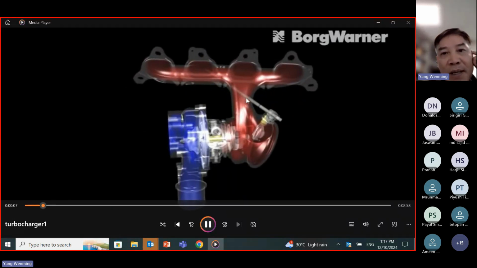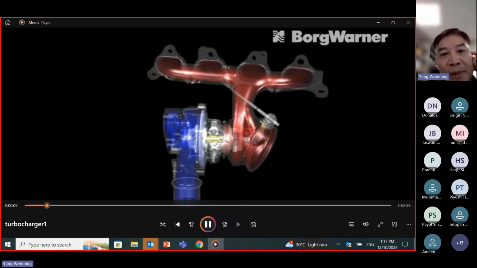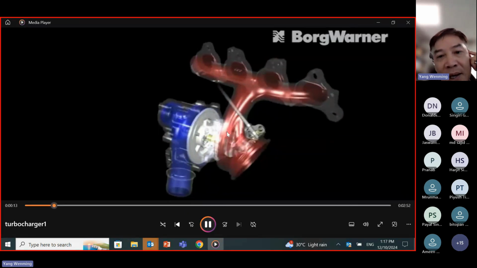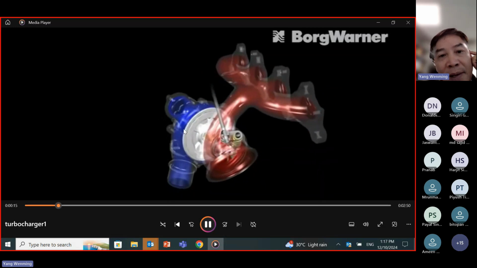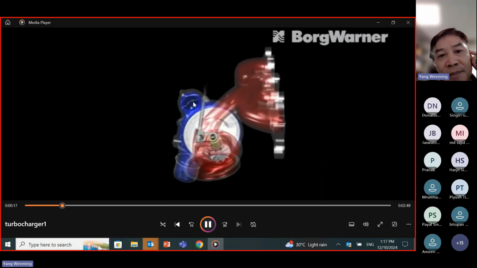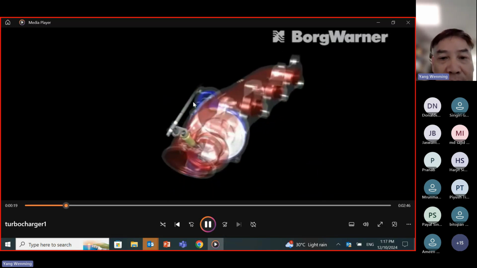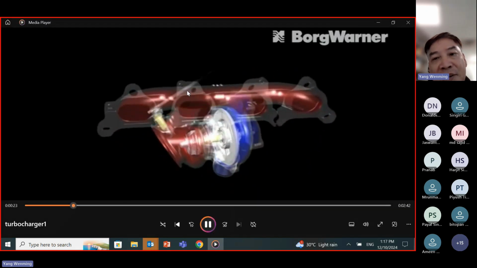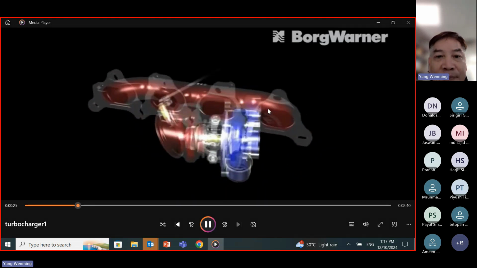Here we show you the exhaust manifold. It is combined with the turbine. This one is a turbine and this one is a compressor. So this engine is a four-cylinder engine, correct?